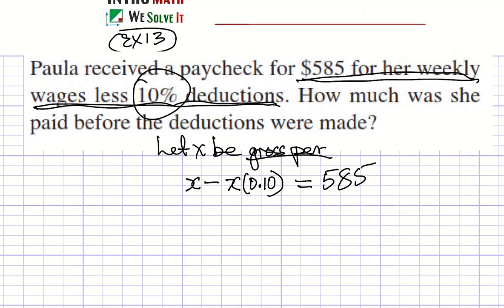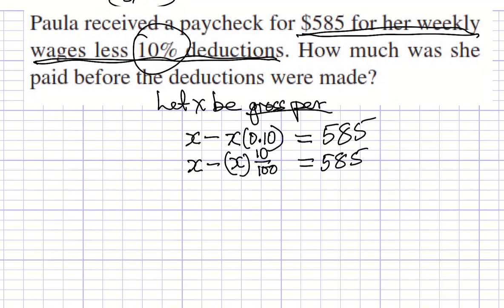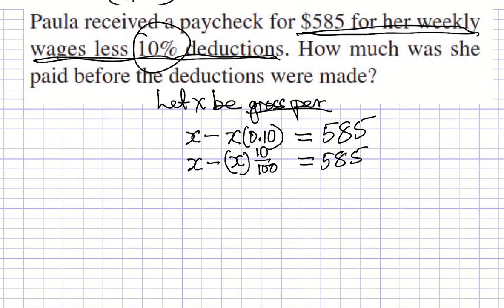I can do it the way I did the other one too. Because you see, look at this. X minus X times 10%, which is basically 10 over 100. You understand that, right? All that thing is 585. That's how I like to solve it.